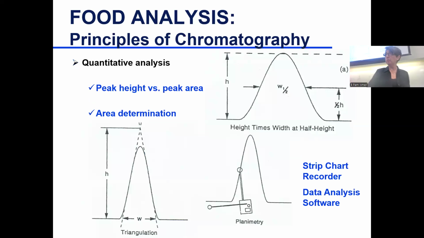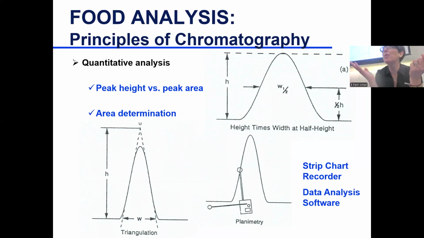But often, especially in food analysis, we need to quantitate. And that's where we get the area under the curve. In the olden days, they used to have a strip chart recorder, and then you cut the peak and you weigh the peak.